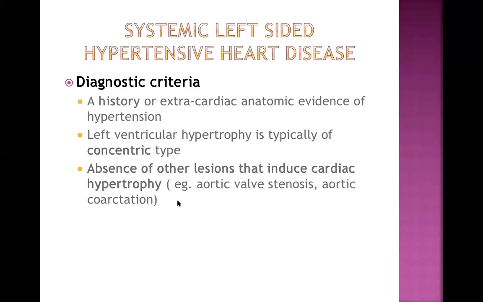The third point, absence of other lesions that induce cardiac hypertrophy like aortic valve stenosis and coarctation of the aorta. These are also pressure overload situations. They can also produce the same type of problem in the wall of the left ventricle, so that should be absent. How can we confirm they are absent? By doing echocardiography. Echocardiography is one of the most important investigations for heart disease. You can also go for ECG in certain situations.